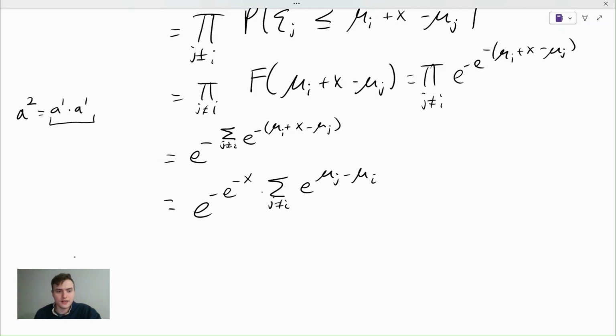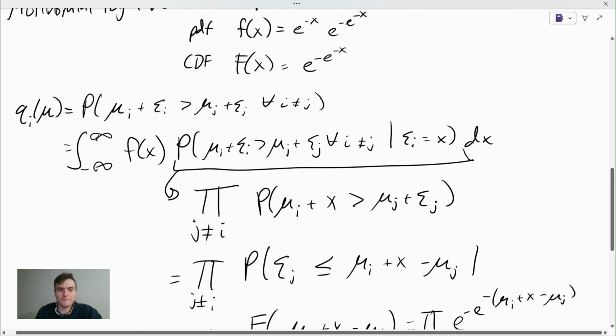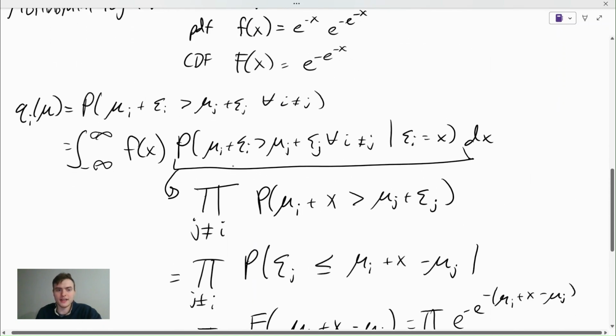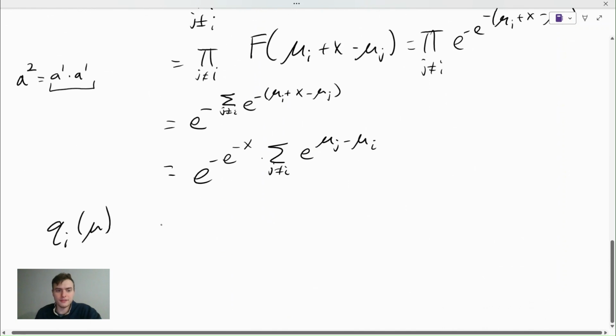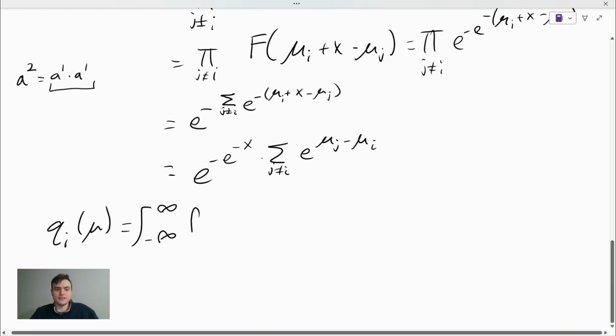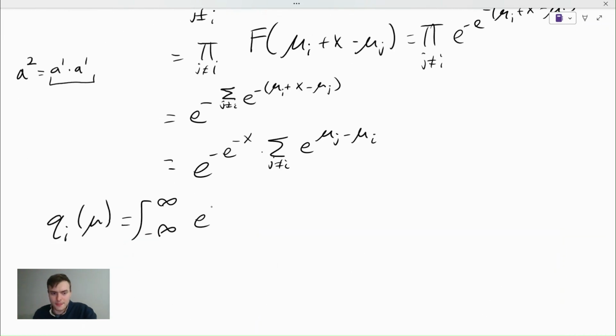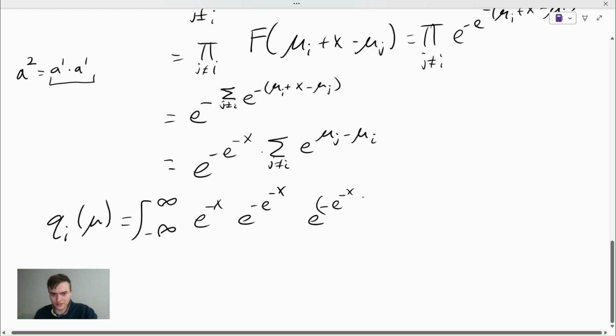And then we can go back to the whole Q_i of mu function up here. So remember, this is just taking out this part of the integral. So going back to the full integral, we have the integral from infinity to negative infinity of f of x. Let's go ahead and substitute in what that f of x is. It's e to the negative x, e to the negative x, and then times this thing, which is all in the exponent.